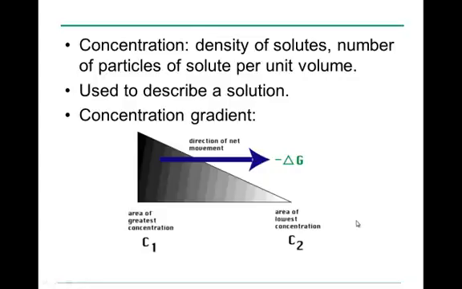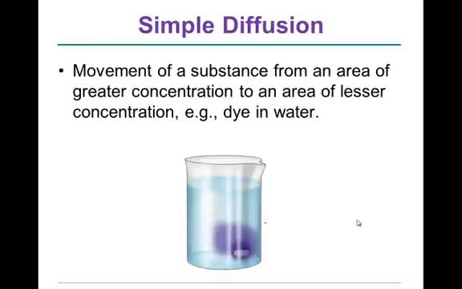So now that we know a little bit about solutions, solvents, solutes, and concentrations, we're ready to discuss the idea of simple diffusion. The definition of simple diffusion is the movement of a substance from an area of greater concentration to an area of lesser concentration.